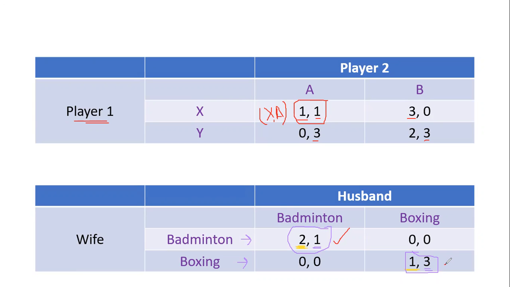And his response will also be no. So when the choices are revealed and both players were given a chance to change their choice, they both answered no. Hence both points represent Nash equilibrium. That is badminton and boxing. Both are Nash equilibria of the game.